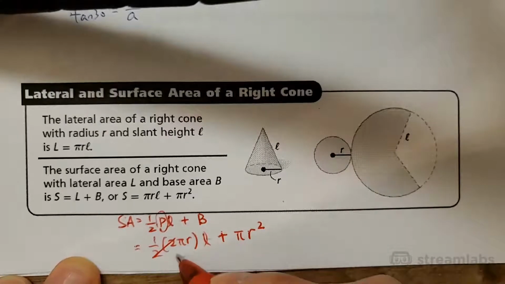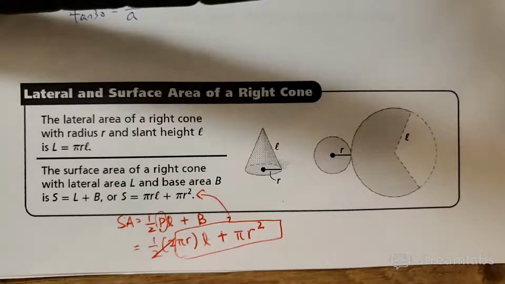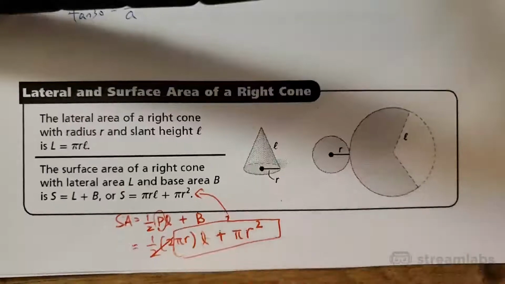That's how you get this formula here. It's the exact same way of calculation. It's barely even a formula, it's just putting things together, plus the base area. It's just that now it's more specific for circles. That's the idea.